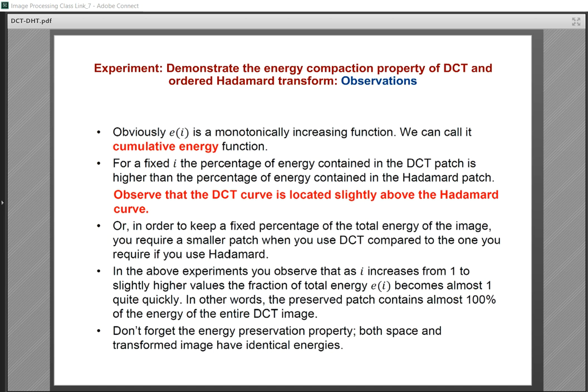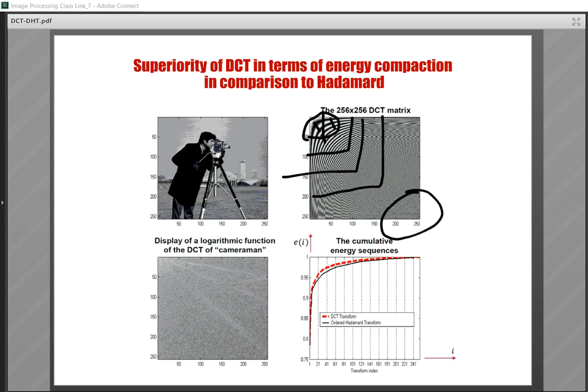In the above experiments, above is this slide, you observe that as I increases from 1 to slightly higher values, the fraction of the total energy EI becomes almost 1 quite quickly.